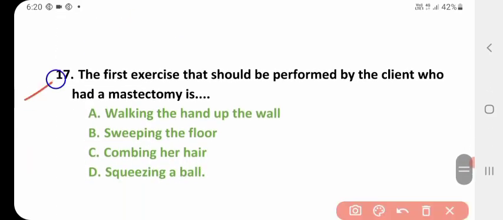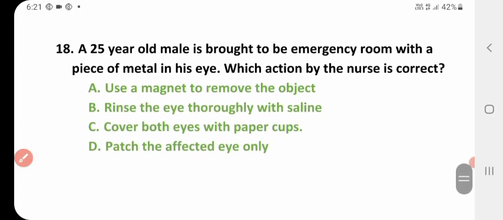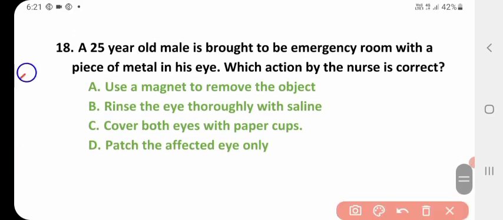Next, 17th. The first exercise that should be performed by the client who has had a mastectomy: walking the hand up the wall, sweeping the floor, combing her hair, squeezing a ball. The first exercise is squeezing a ball, option D. 18th.